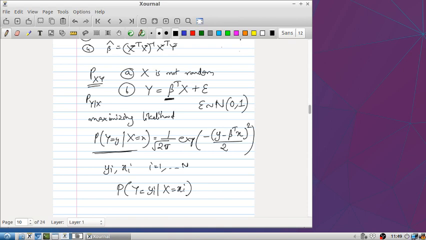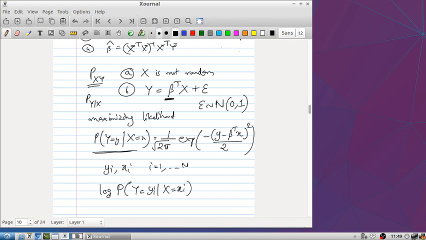So I can compute this number. I'll take the log of this number. I haven't still specified beta. I take the log because there is an exponent here, and this is anyway a constant, so you can ignore this constant. There's an exponent here, so exponent and log hopefully get cancelled.